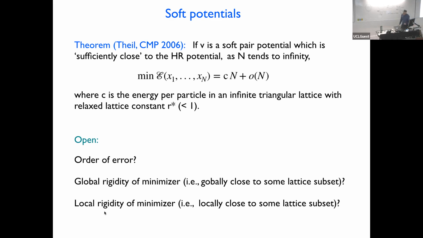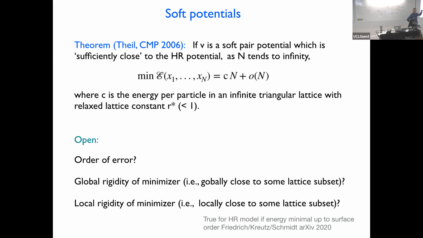On this local rigidity, there is a very nice paper on arXiv from 2020 by Friedrich, Kreutz, and Schmidt. They studied the same question for the Heitman-Radin model. There the ground states were settled, so they were instead looking at the case when the energy is minimal up to a surface order.